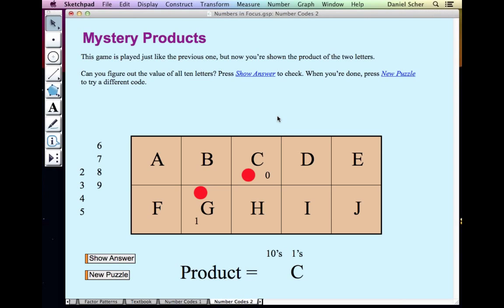I've done activities like this starting in, say, fourth grade. One of the discussions we needed to have was about what it means to represent the product or the sum using two different letters, where one was for the ones place and the other for the tens. That took a little work to get going.